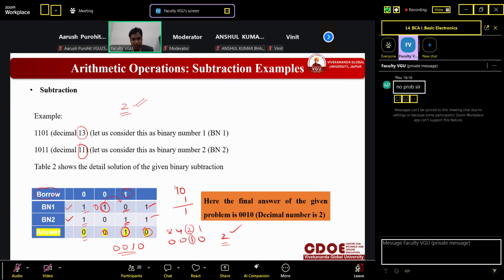Yes, right. In addition, there will be sum S and carry C. In subtraction, there will be difference D and borrow B. Okay, right. Any problem to anyone?